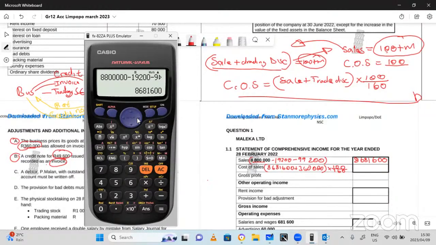So remember, we took the 8,681,600, and then we added, let me open my bracket first, 8,681,600 plus the 360,000 which was for the trade discount. Then I multiply with my 100 over 160.